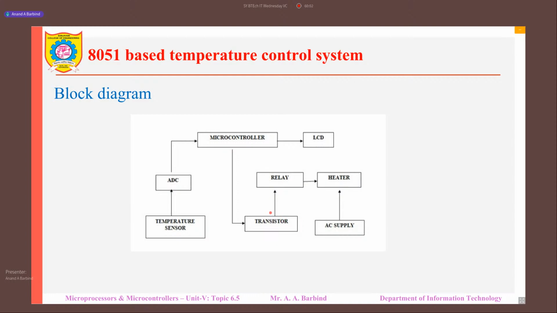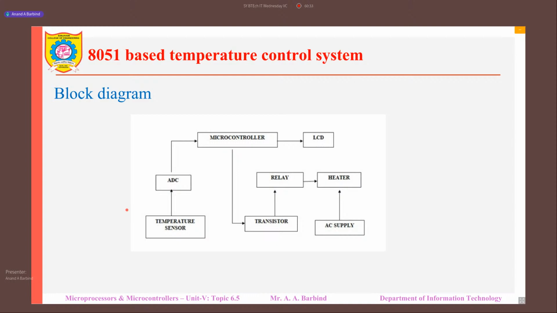A simple example of a temperature control system based on the 8051 has been described here. Depending on the scope, you can go on extending this diagram. It is drawn very simple, but if you want, you can have more temperature sensors, or heterogeneous sensors.